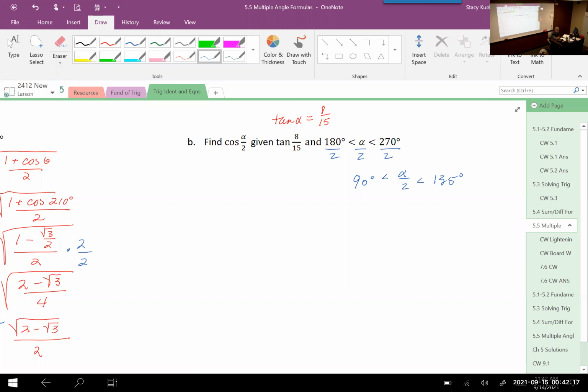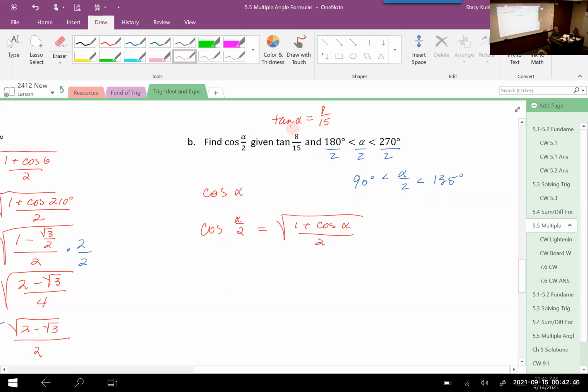Now, if I'm looking for cosine, we know that the cosine of alpha over 2 is equal to the square root of 1 plus the cosine of alpha, all over 2. So I need to know, what is the cosine of alpha?